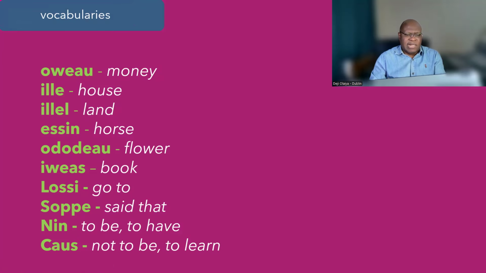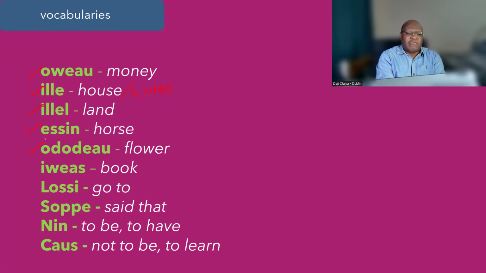So in this slide, let's look over the vocabularies you have learned. You have learned owó, which means money. Ilé, house, or it could be home. Ilẹ̀, land. Ẹṣin, horse.